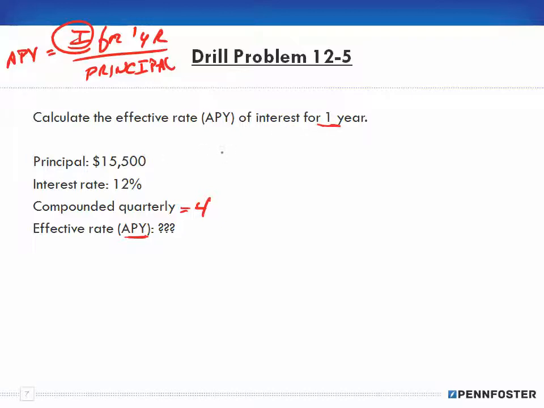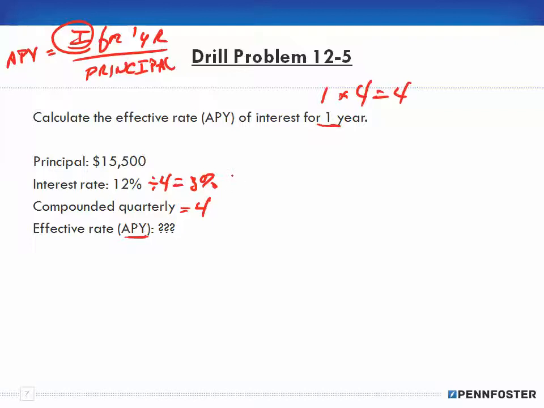So our compounding is 4 periods. Our interest rate is 12% divided by 4, which gives us 3% interest. And our number of periods, since it's 1 year, is 1 year times 4 compounding periods in a year, so there are 4 periods.